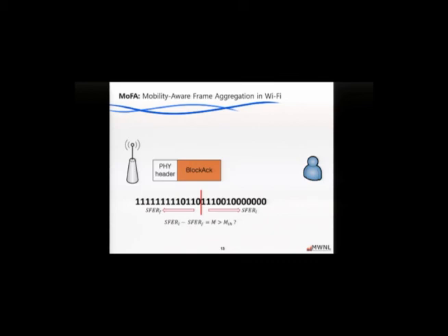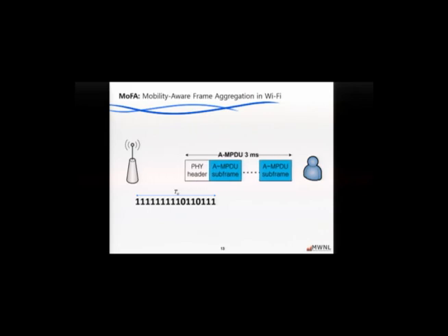And this bitmap will indicate which subframe was correctly received and which were not. So in here, 1 represents successful subframe reception, 0 means unsuccessful reception. So again, in this figure, what it shows is, in the latter part, we have a lot of errors, right?